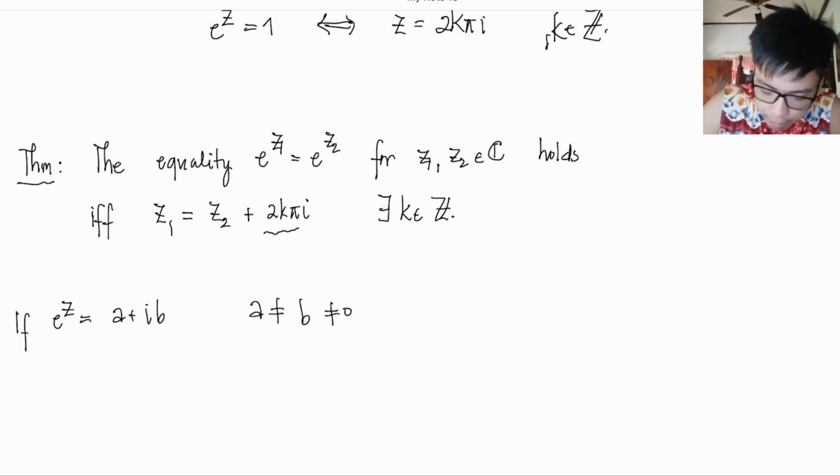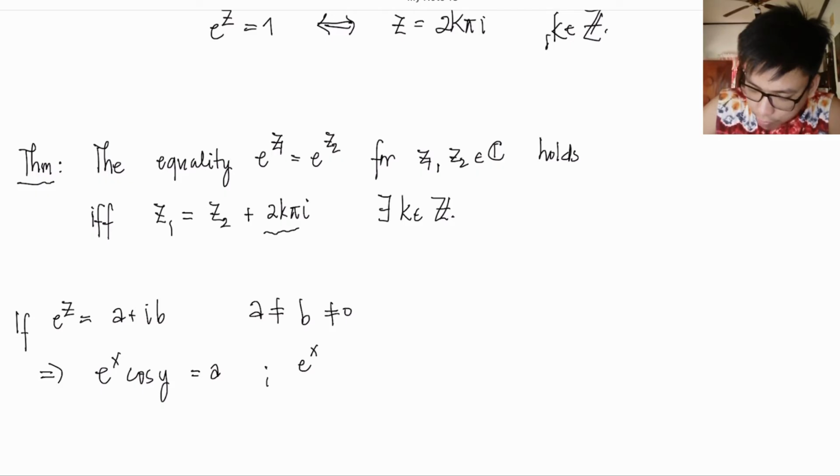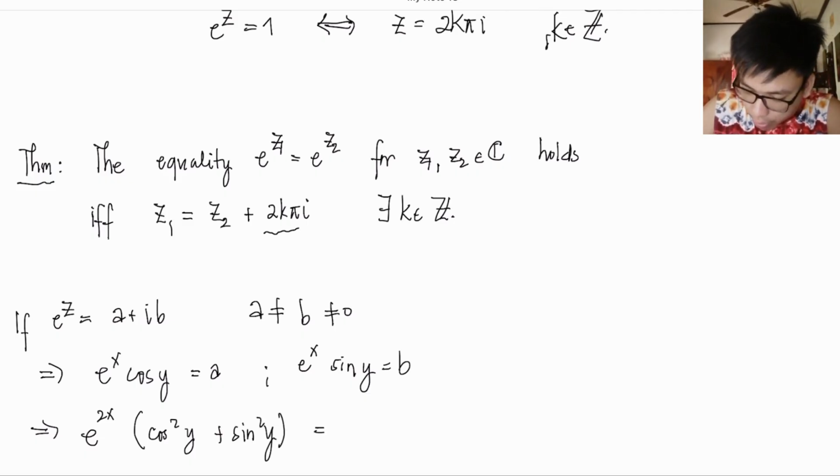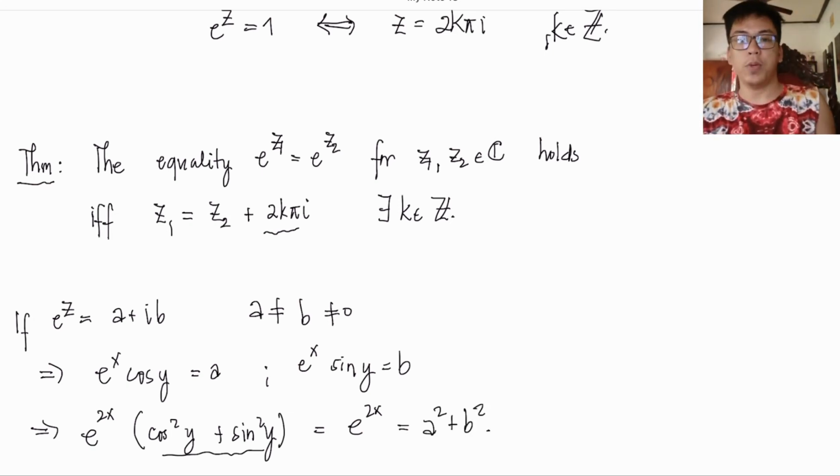Here a and b are not both 0. So this implies that e^x cos y is equal to a, and e^x sin y equals b, which further implies that e^(2x) times (cos²y + sin²y), which is equal to e^(2x) because this is equal to 1, is equal to a² + b².